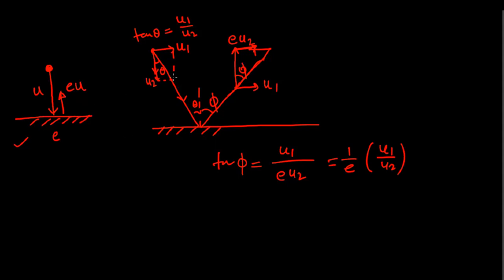But we know that u1 by u2 is tan theta, so this equals 1 by e tan theta. This way we have tan phi equal to tan theta by e. This is a very important formula, keep it in mind.